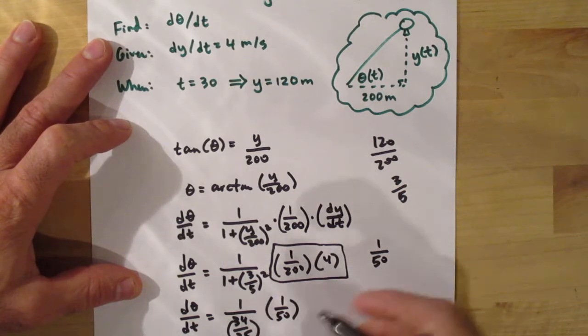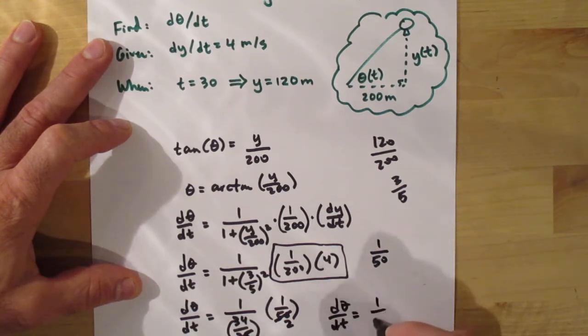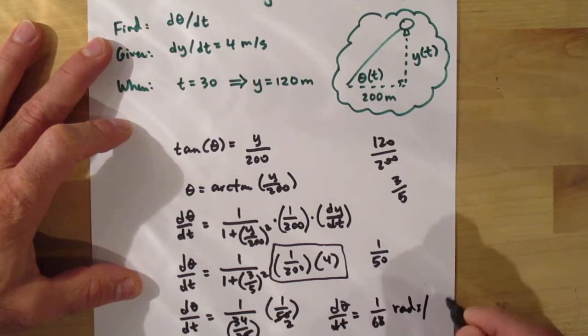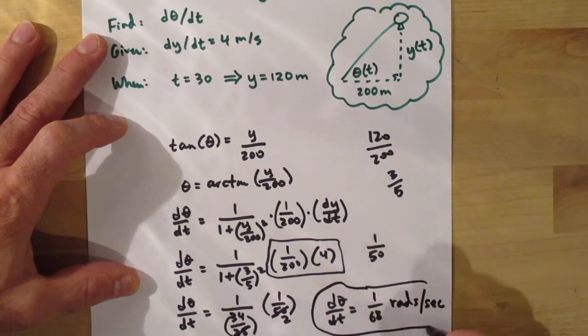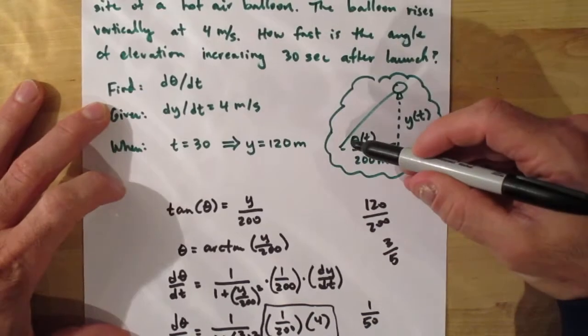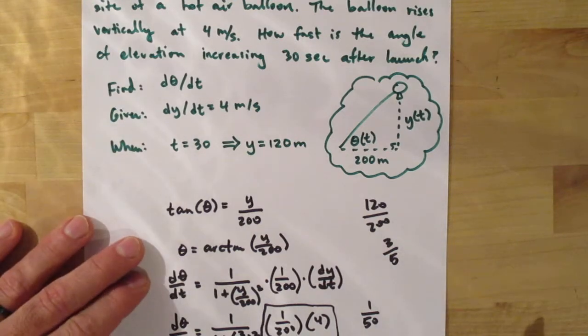If I reduce this down, this 25 reduces with the 50, making this a 2, which ends up giving us d theta/dt is equal to 1 over 68 radians per second. So this angle right here would be increasing at 1/68th of a radian per second.